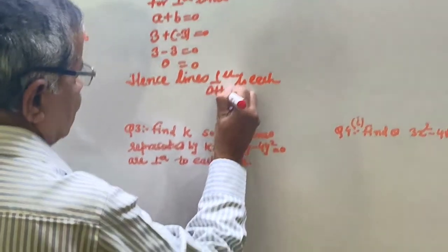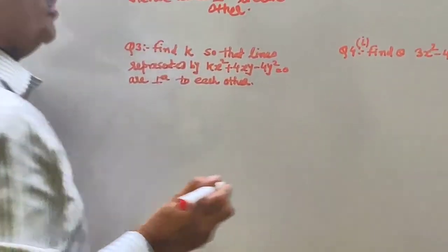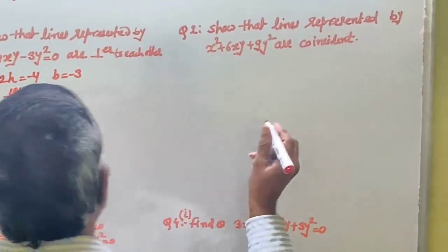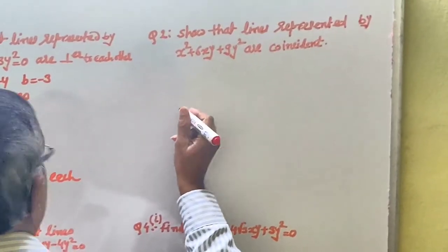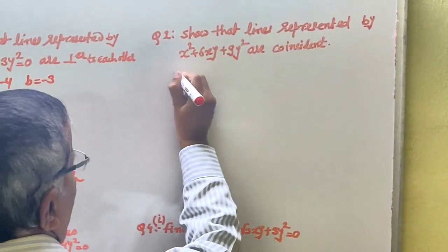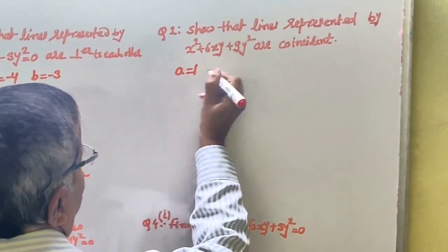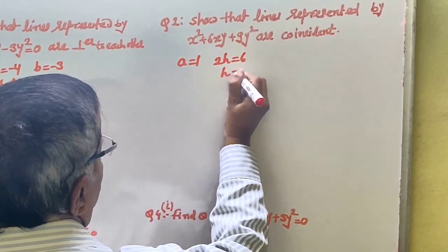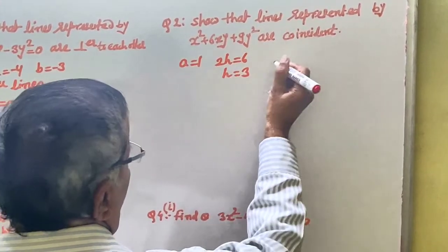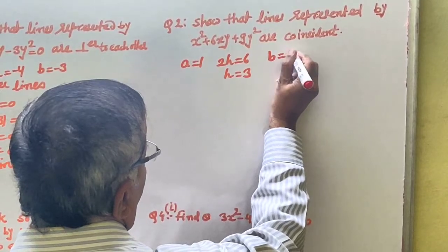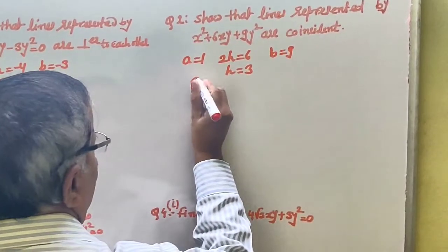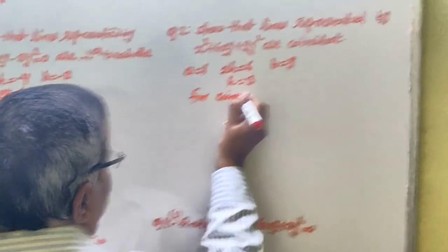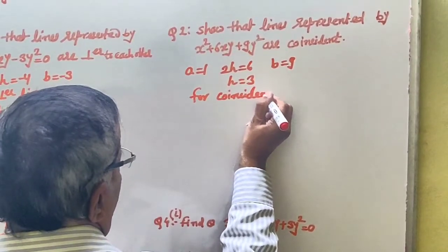Now, in the second problem, what is given? Show that the lines represented by this are coincident, means you have to find out h square is equal to ab. Now here a is 1, 2h is equal to 6, means h is equal to 3. Okay. Now b is equal to 9. Write down the condition for coincident lines.